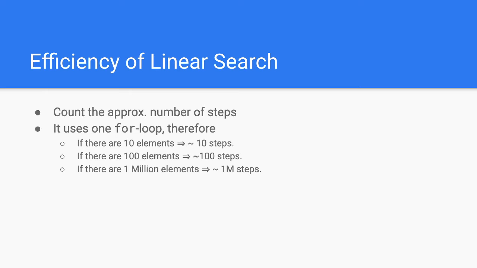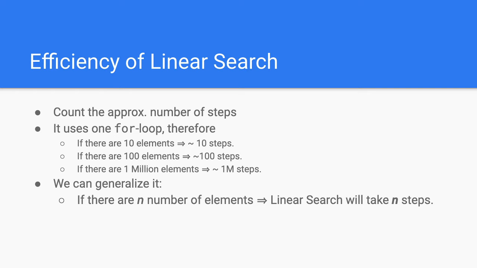Consequently, if there are 1 million elements in the array, the algorithm is going to perform approximately 1 million steps. With that in mind, we can see the pattern and generalize it to say that if there are n number of elements in the array, linear search is going to perform approximately n steps.